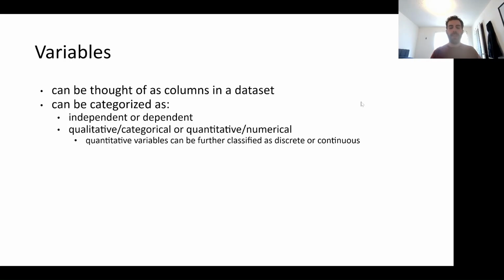Discrete simply means that there is a distinct set of numbers that variable can take on, whereas continuous means there's a range of values that variable can take on, and it can be anything within the range.